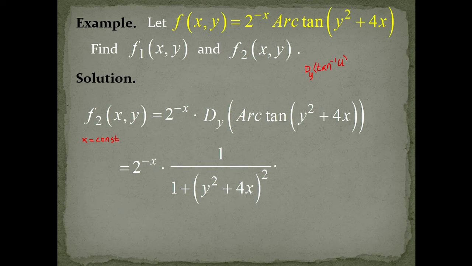Okay, so the formula is equal to 1 over 1 plus u squared times the derivative of u. Okay, the derivative of u. So since it is with respect to y, the derivative of u is also with respect to y. If this is with respect to x, this would be with respect to x. So we'll use this formula, class.